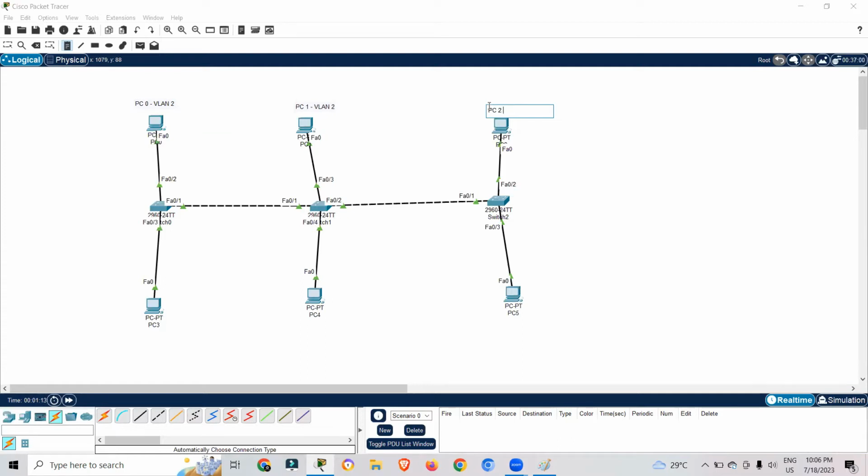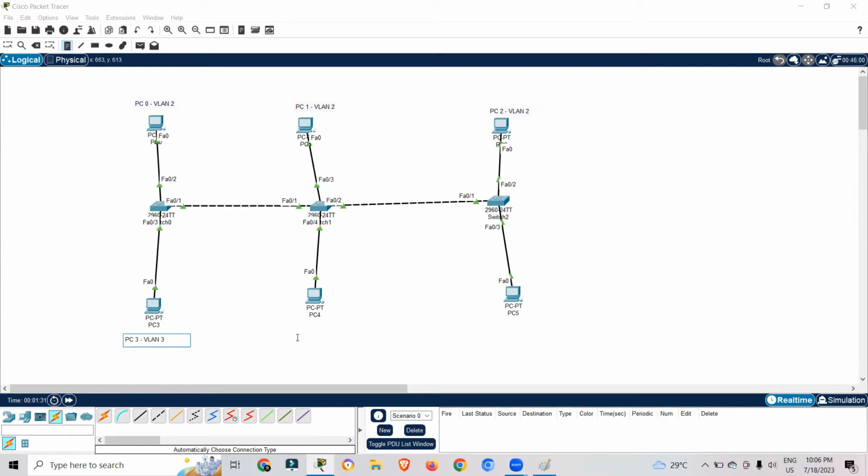PC2 is also part of VLAN 2. This PC3 is part of VLAN 3.